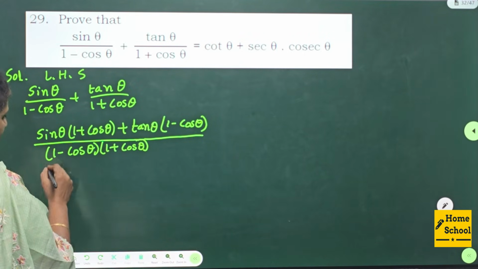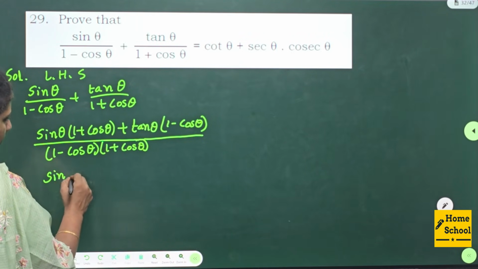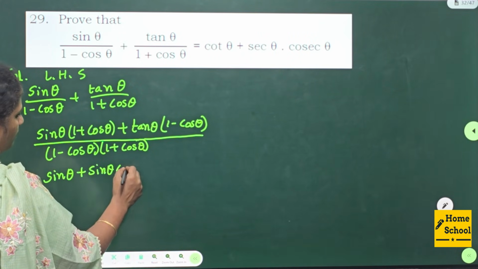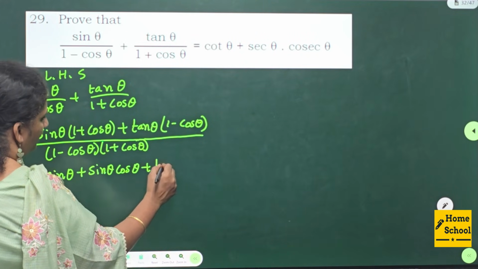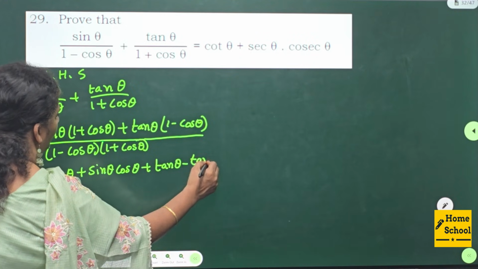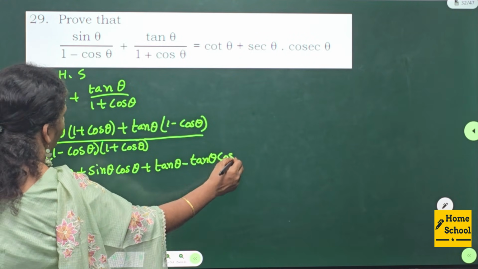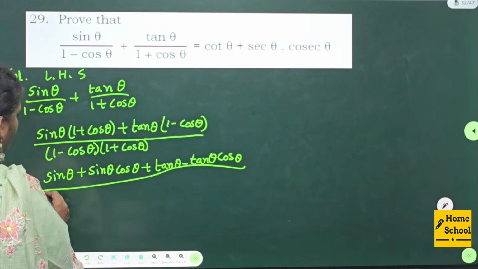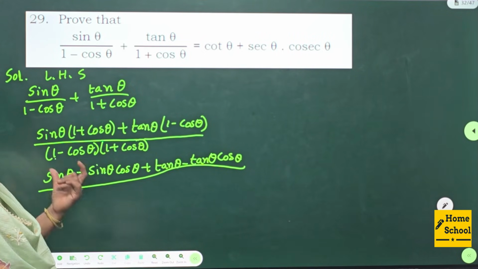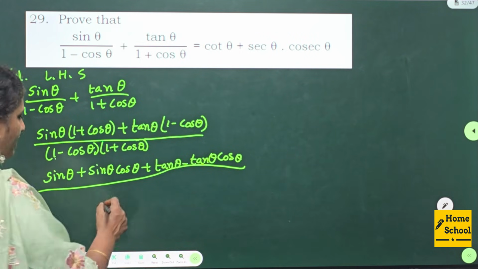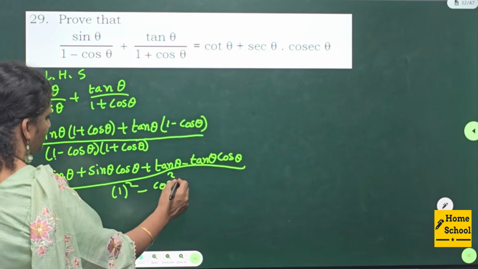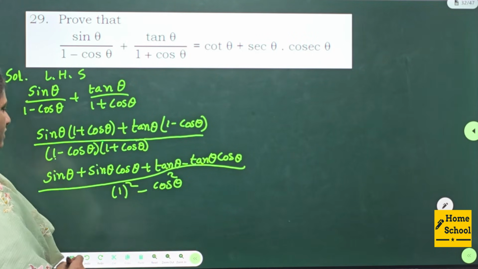And now sin theta into 1 is sin theta plus sin theta into cos theta, plus tan theta minus tan theta into cos theta, whole divided by, we know (1 minus cos theta) into (1 plus cos theta) is in the form of (a minus b) into (a plus b), that is a square minus b square, right?